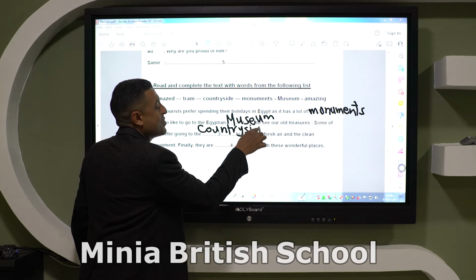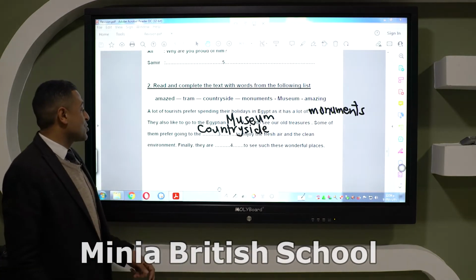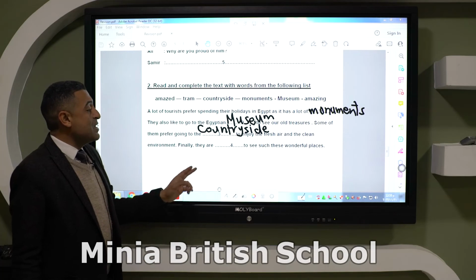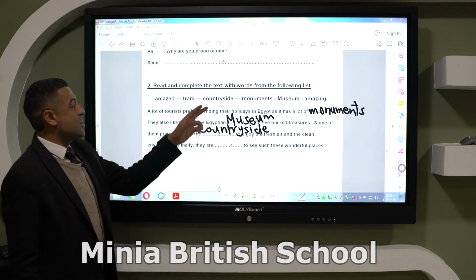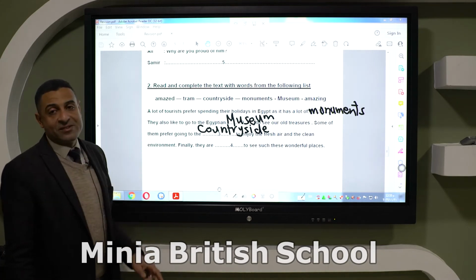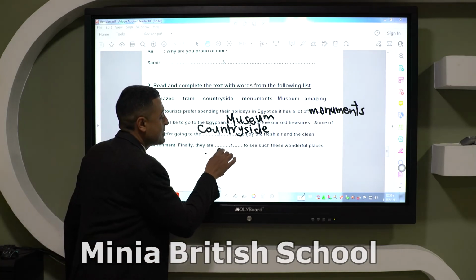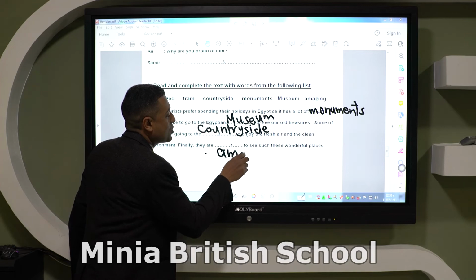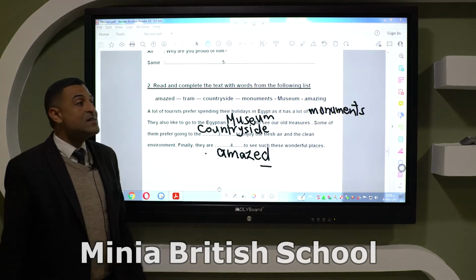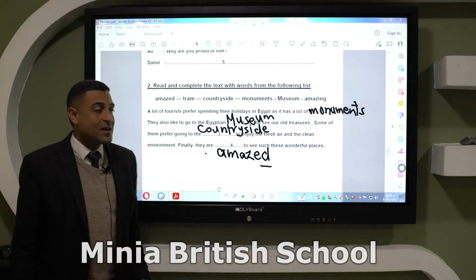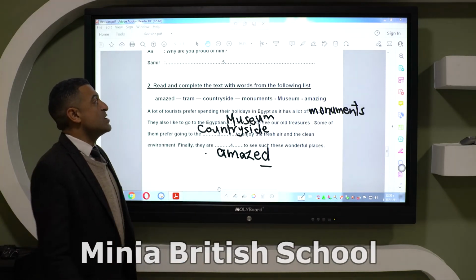We have green areas, we have fresh air in the countryside. Finally, they are space to see such these wonderful places, so they are amazed. They are amazed. Because here I am talking about people, so I have to use the adjective that ends in ed, not the adjective that ends in ing.